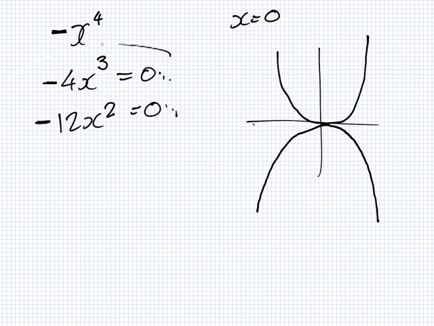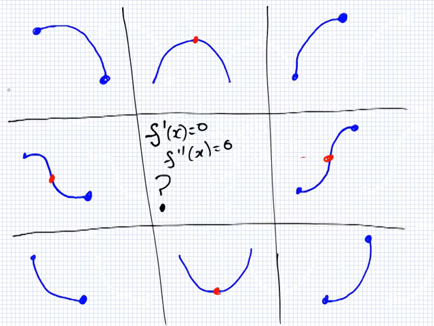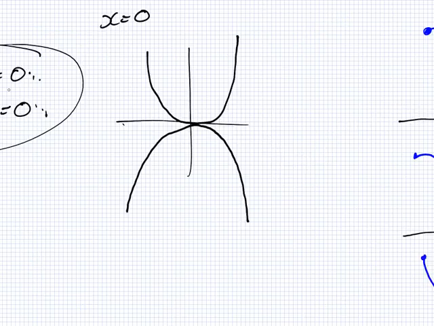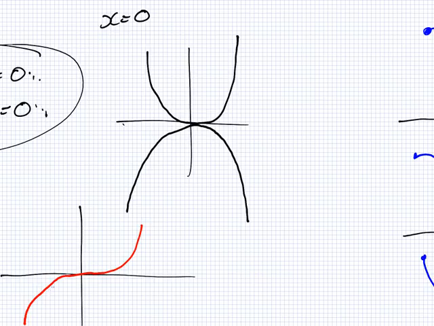So my point is, when the first and second derivative are 0, you can't know what the shape is. And in fact, in some situations, it's not even convex or concave. It's this weird shape which we call a saddle point, where it goes like this. And this will be an example like x cubed.